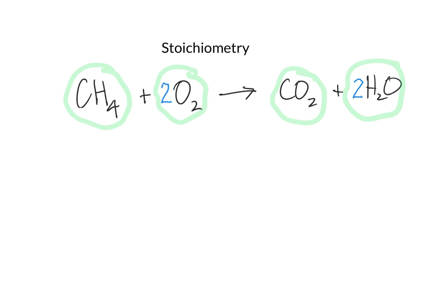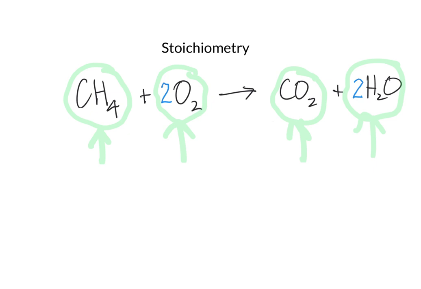But when we're doing stoichiometry, we don't typically interpret it that way because we can't see individual molecules. So we usually count by large chunks called moles. And that would mean we'd have 1 mole of this, 2 moles of this, 1 and 2. And so that's how we're going to interpret this equation.